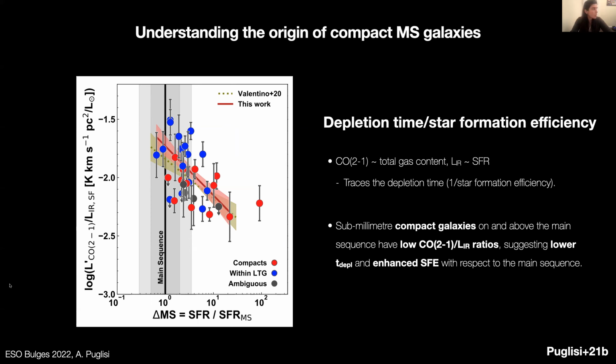Therefore, the ratio shown here measures the depletion times, or the reciprocal of the star formation efficiency. So this plot shows that sub-millimetre compact galaxies on and above the main sequence have low CO2 over LIR ratios, suggesting shorter depletion times or enhanced star formation efficiency with respect to the parent main sequence population.